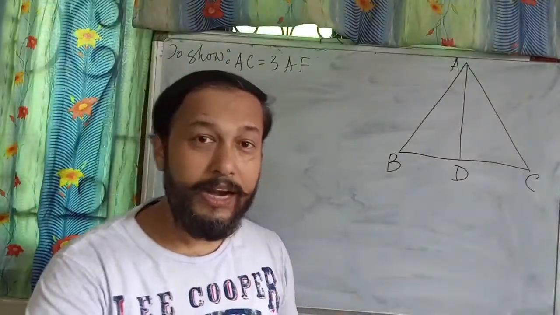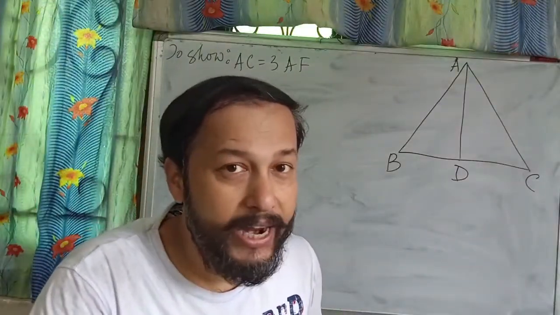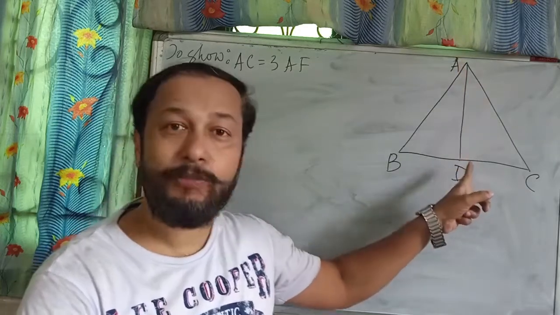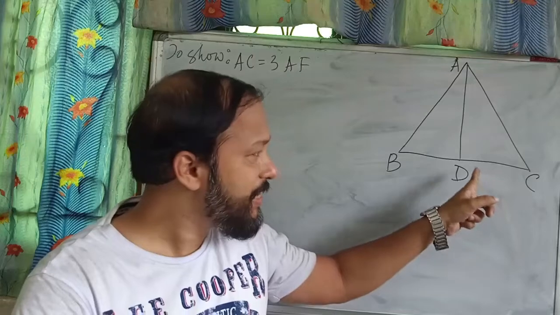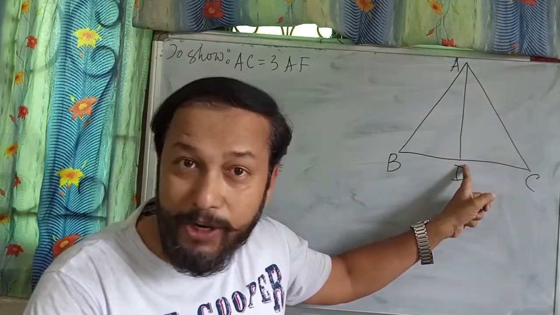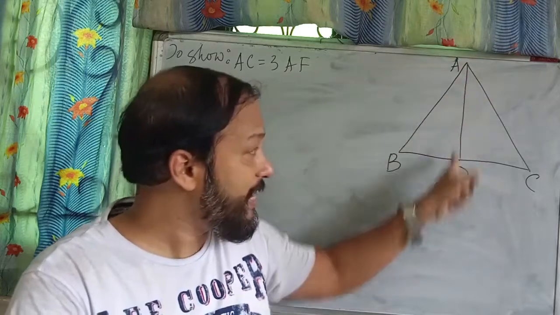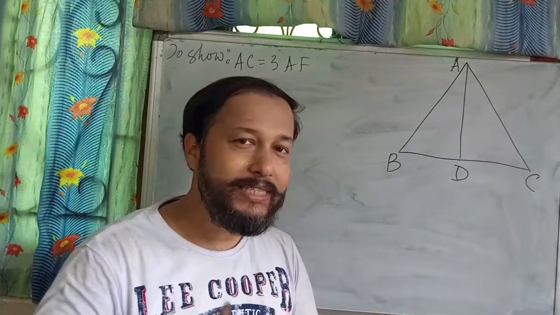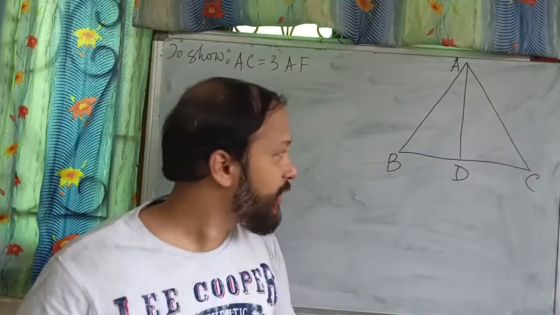In this sum, a triangle ABC is given, and AD is its median. Median means D is the midpoint of BC, so if you join AD, that becomes the median. Now let's see what is given.